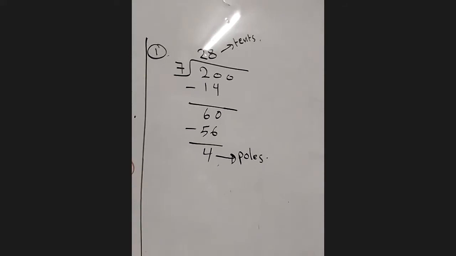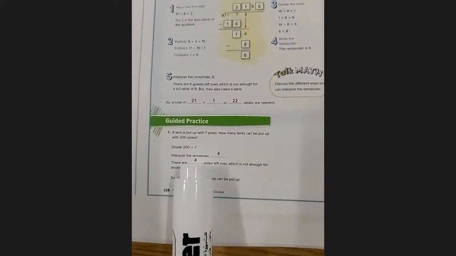Yeah. Now let's go back to the question here and fill it in. Interpret the remainder. What's the remainder, Kinan? 4. Write 4, guys, here. There are 4 poles left over.